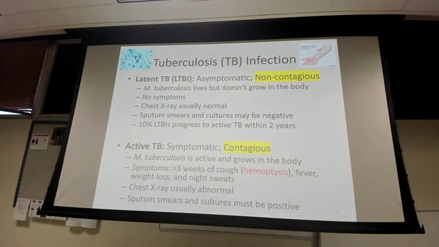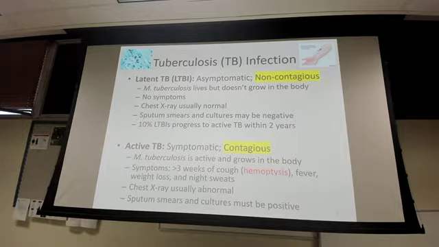All right, so this is an important slide. Make sure you get this down. I really need for you all to know the difference between a latent TB versus an active TB, okay? Latent TB is going to be asymptomatic and non-contagious. A lot of times, your patients will not have any symptoms and their chest x-rays are normal, and their sputums may come back negative.